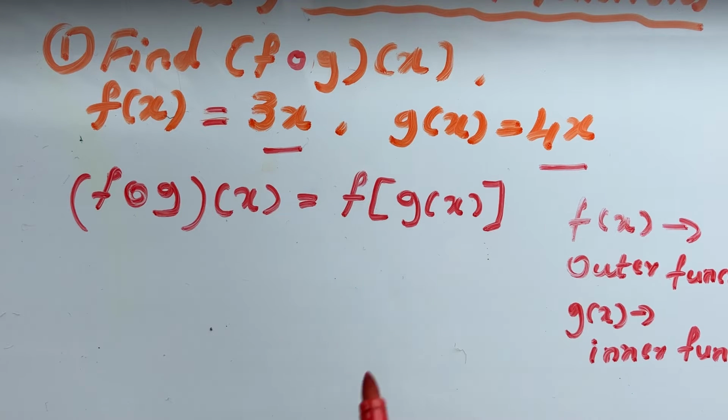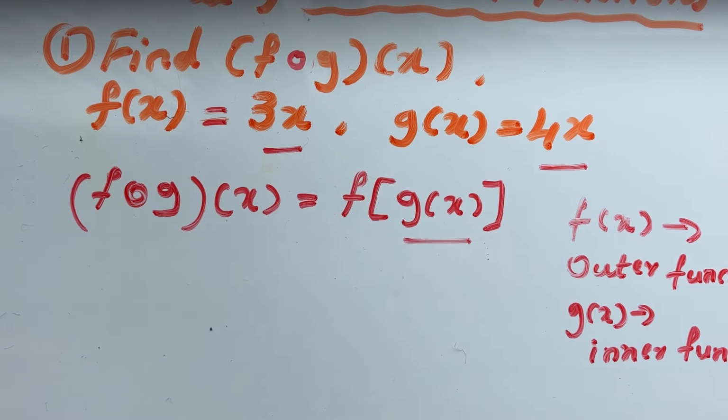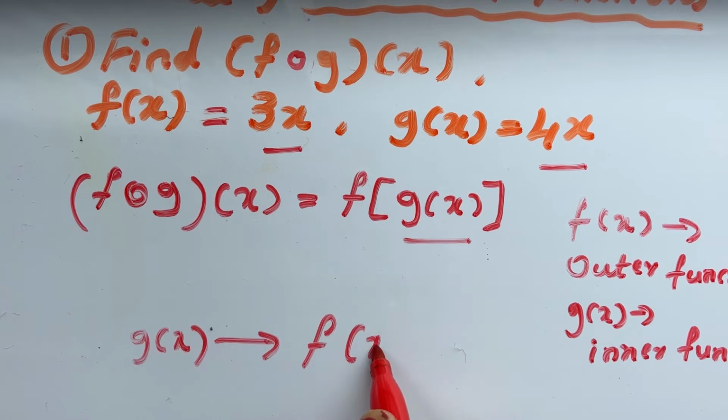F composition g of x means g of x is the inner function. You are sending g of x, that inner function, through f of x. How to find that? Let's learn.